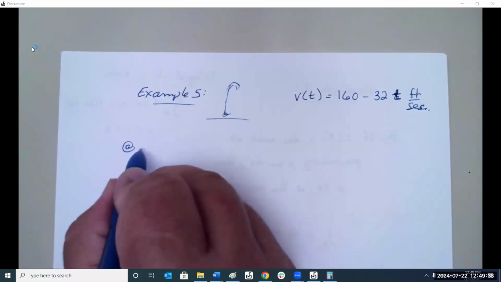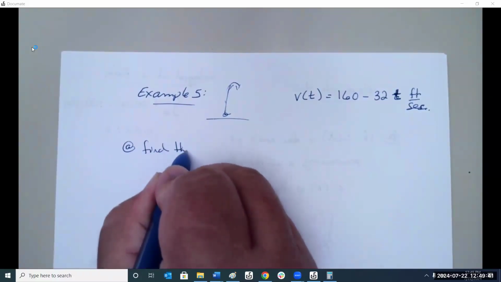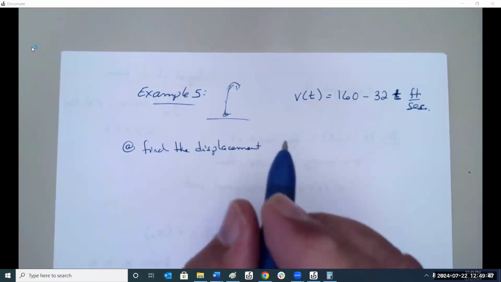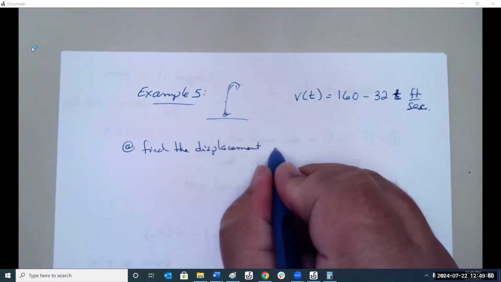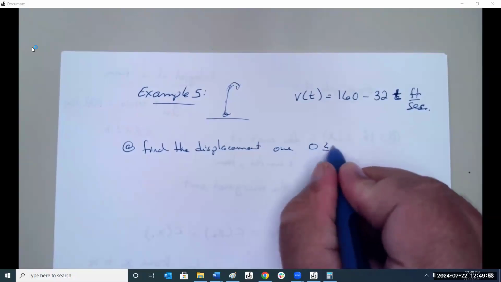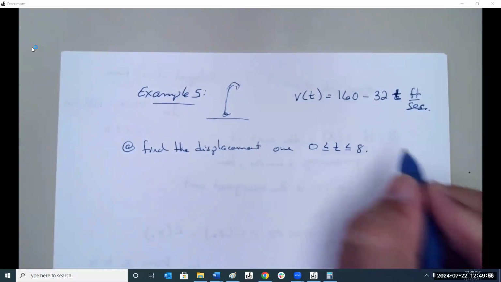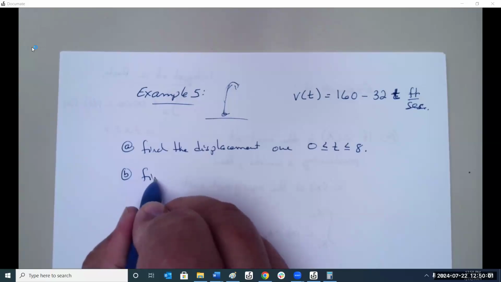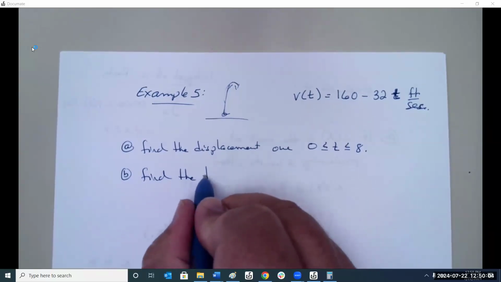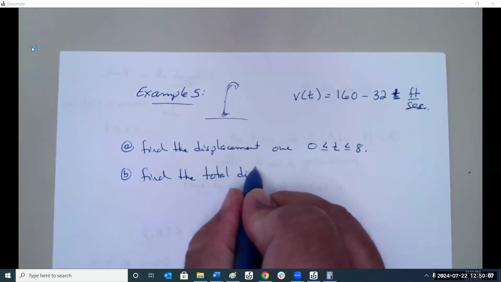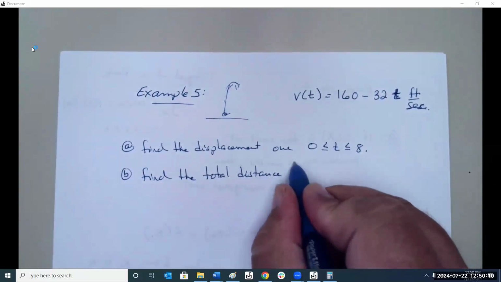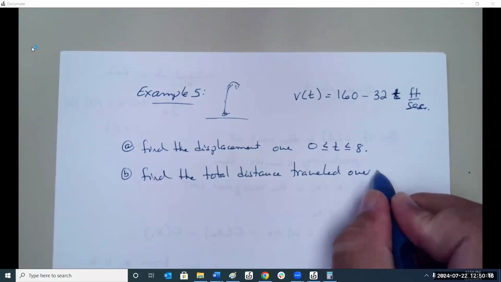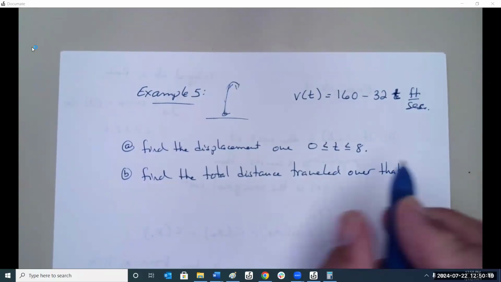Okay, find the displacement over the time period from 0 to 8 seconds, and find the total distance traveled over that time period.